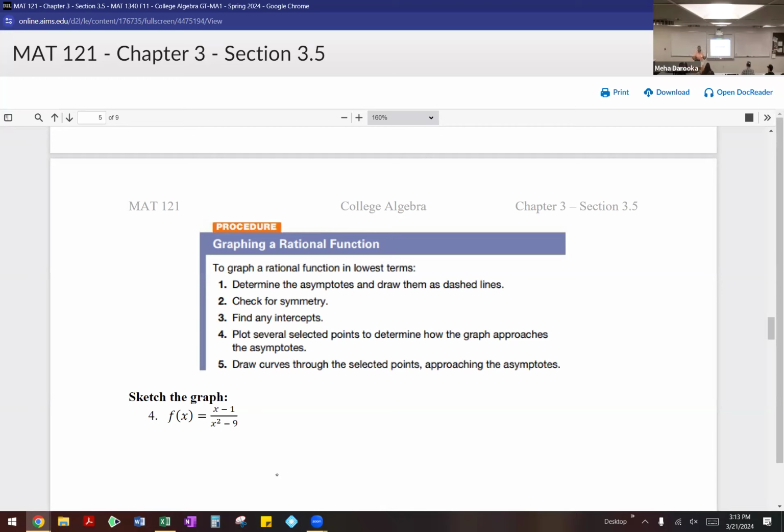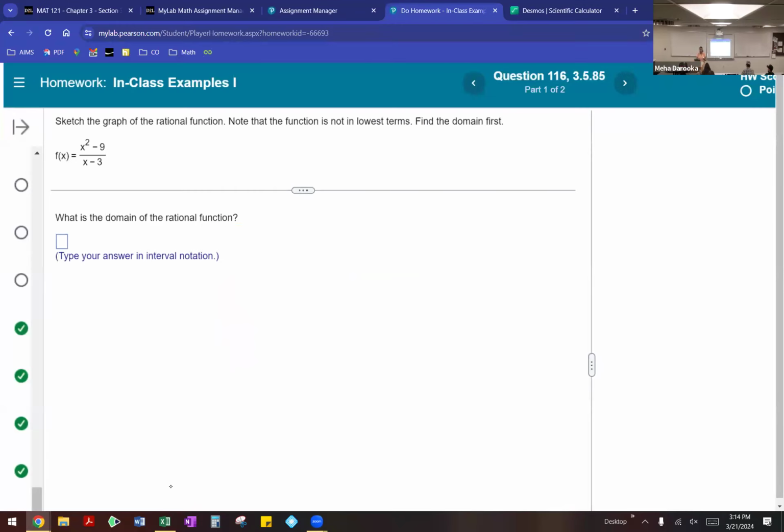If we were drawing this by hand, you do want to draw dashed lines, because those are imaginary lines, right? They're not actually there, but we at least know where those asymptotes would be. So symmetry, intercepts, and then as many points as you can to get an idea of the shape, and then we can draw our curves. Now, of course, we're not graphing by hand, but having those techniques definitely helps us.